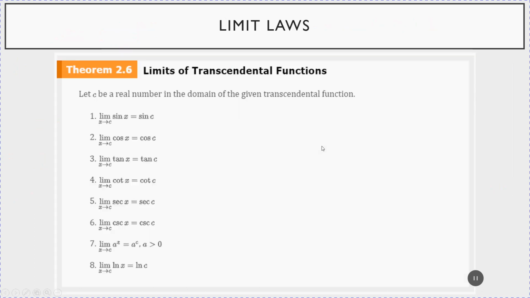Okay, let's now look at some transcendental functions, including some trig functions here, okay? So let's let C be a real number in the domain, okay? So it has to be in the domain of the given transcendental function, okay? So we remember, right, like tangent, cotangent, secant, and cosecant, right?